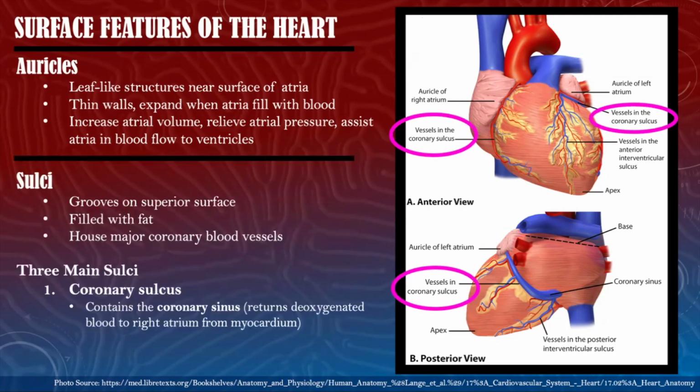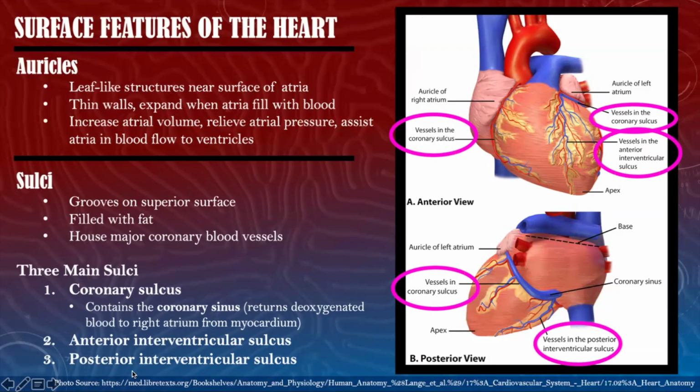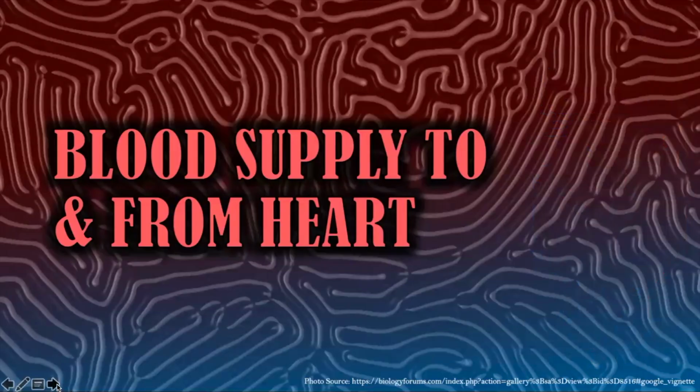The coronary sulcus contains the coronary sinus, which we'll talk about more later, and that coronary sinus returns deoxygenated blood to the right atrium from the myocardium. But we'll get more into that when we talk about the coronary circuit. Next, we have the anterior interventricular sulcus, which you can see here, and the posterior interventricular sulcus, which you can see here.